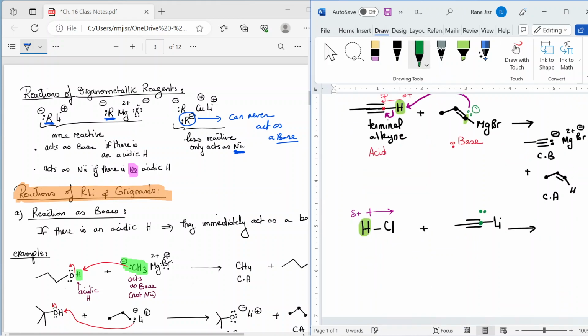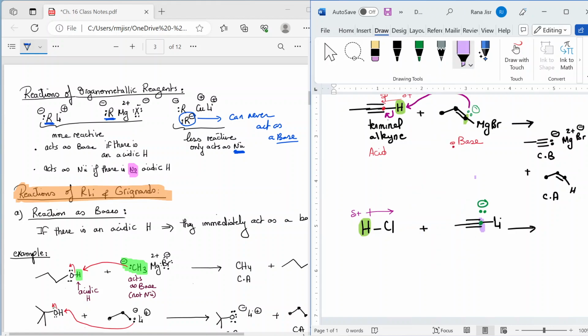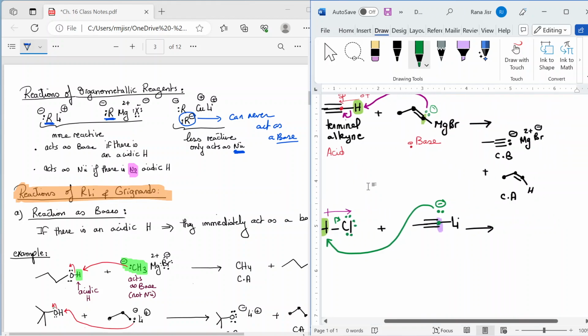The carbanion over here, this is your base. So that carbanion now, since I have an acidic hydrogen, is going to take that acidic hydrogen in there, and the halogen is going to leave. Already the halogen has 3 lone pairs, and you're going to add one more.